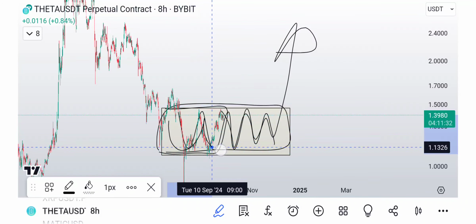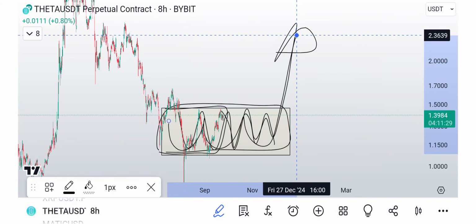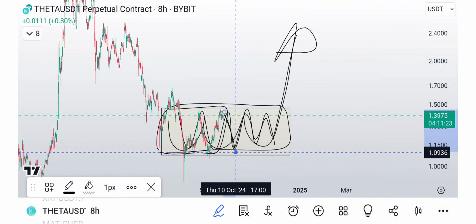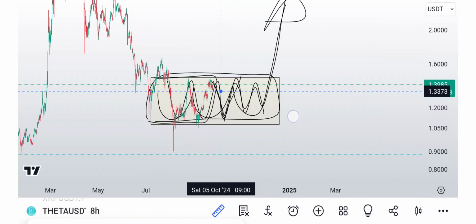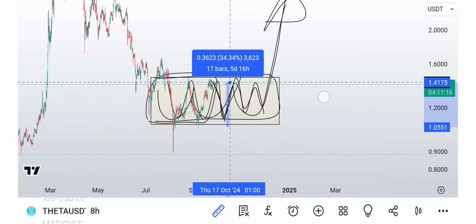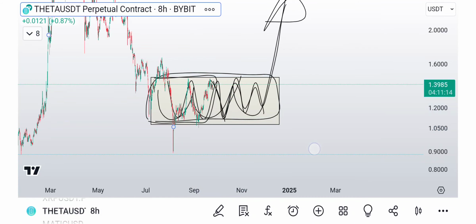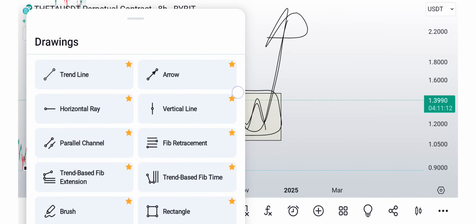We're accumulating in here, and then it eventually goes up. But accumulation comes with oscillation, which also comes with big moves to the downside, big moves to the upside. I mean, that's a big move there. If you look at the bottom here to the top, that's a 30%, 35% move just for building a base.